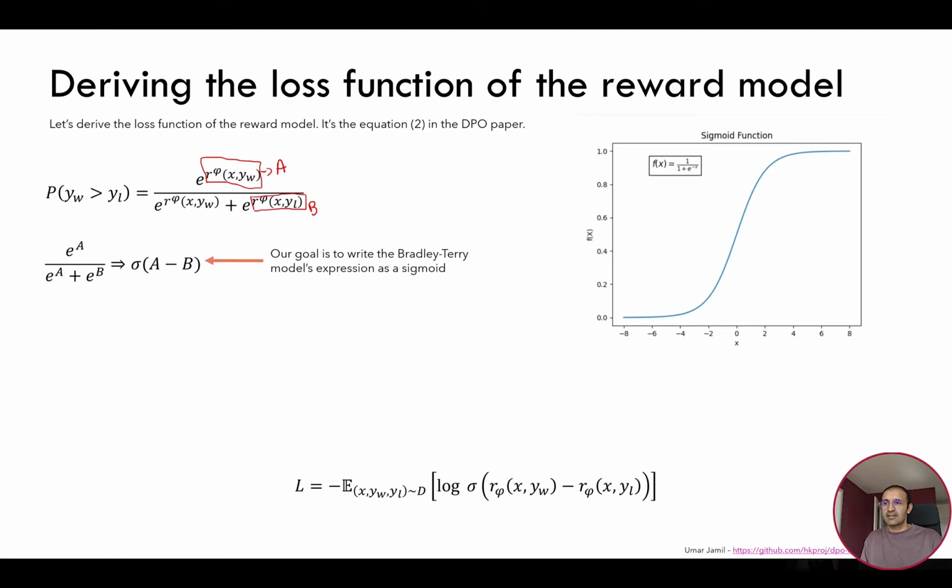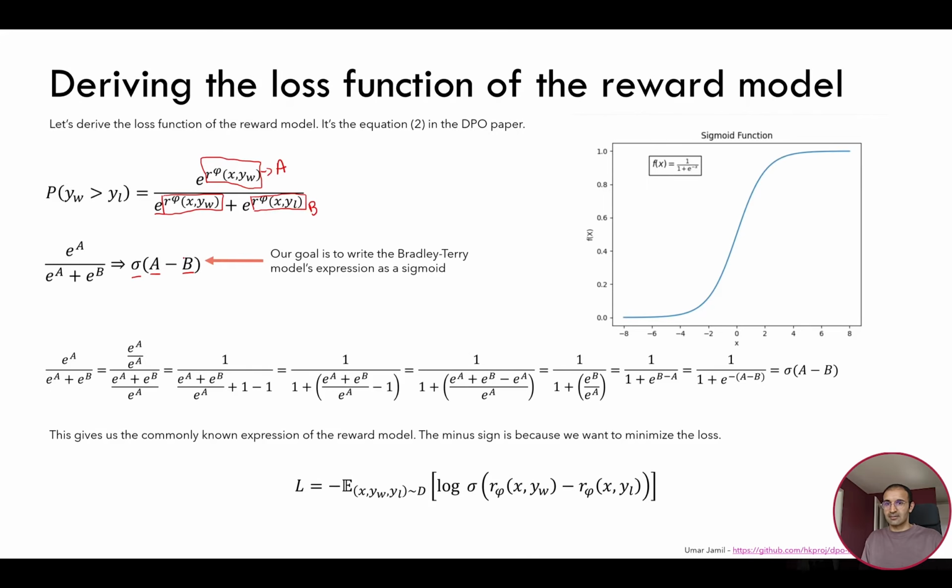So this expression can be written as e to the power of a divided by e to the power of a plus e to the power of b, and we will prove that it can be written as the sigmoid of a minus b through the following steps. First we take this expression, which is basically this one. We just replace the rewards with a and b because it makes it simpler to visualize. We divide the numerator and denominator by the same quantity, e to the power of a, we can do it.